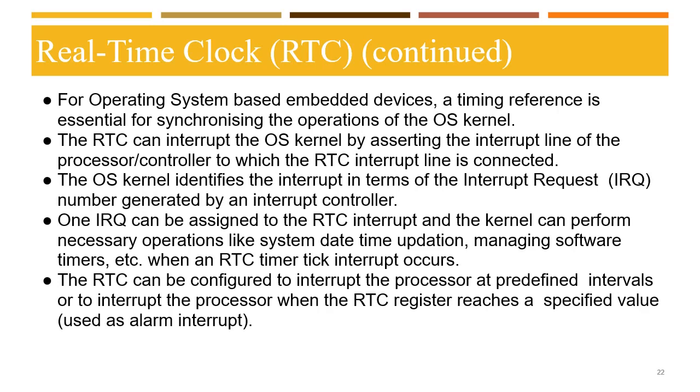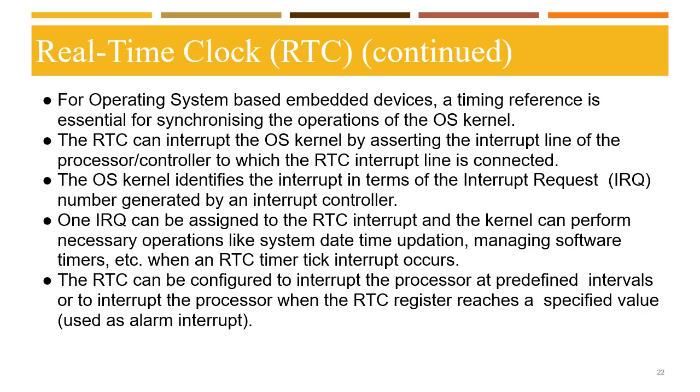The RTC can interrupt the OS kernel by asserting the interrupt line for the processor or controller to which the RTC interrupt line is connected. The OS kernel identifies the interrupt in terms of the interrupt request number generated by an interrupt controller.